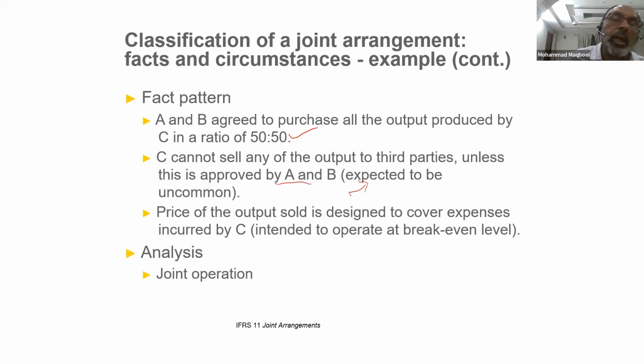The investors say that the price of output sold is designed to cover the expenses of C. Whatever share of the output they are getting, the price is set to cover the expenses only, which means operation is a break-even. This is not the normal thing. So in this case, it is a joint operation, not a joint venture.